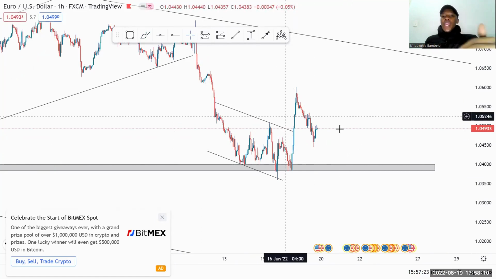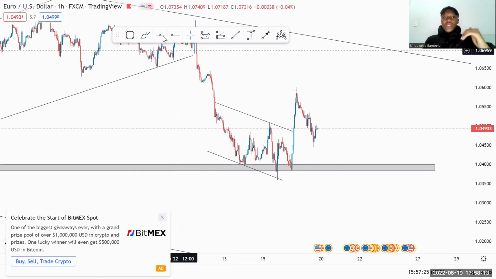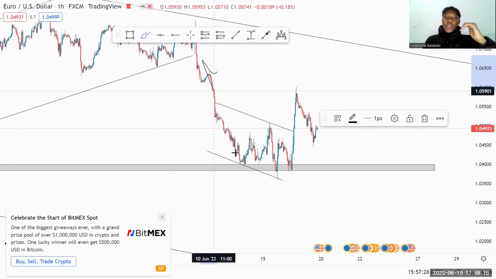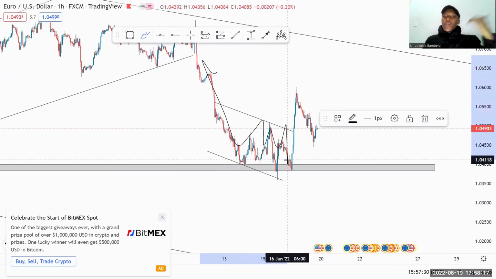That is where I was looking for my next impulse, because after every impulse move, we get a correction. So what was my anticipation? My anticipation was the next impulsive move to the upside, which we finally did get.